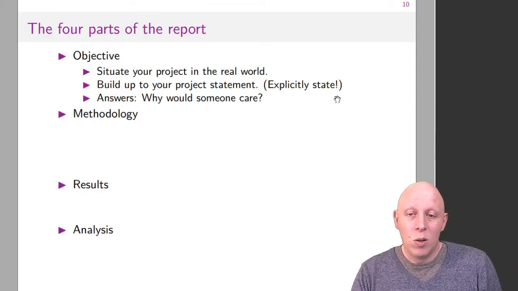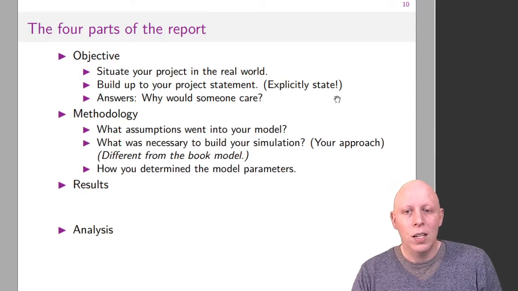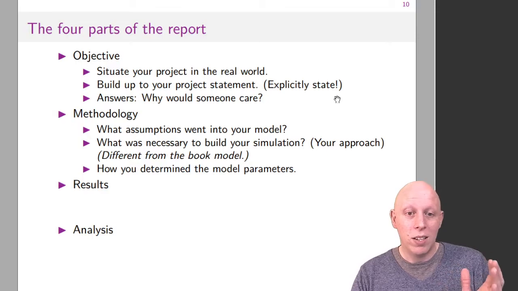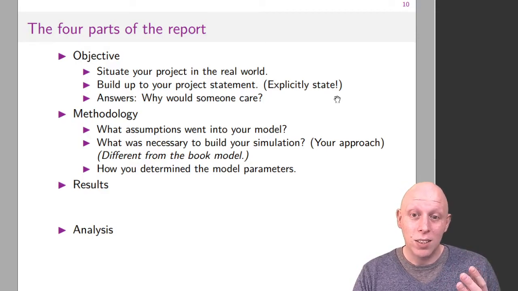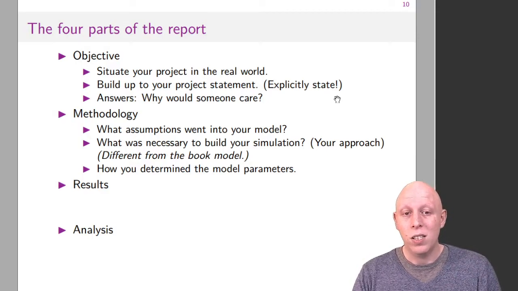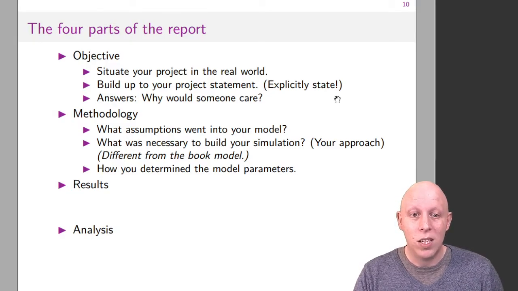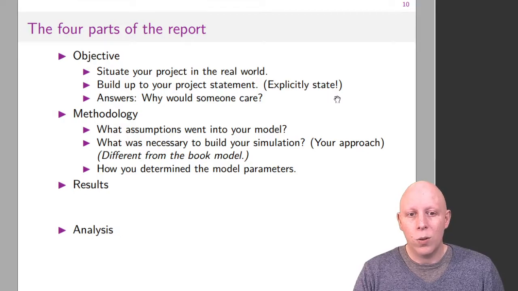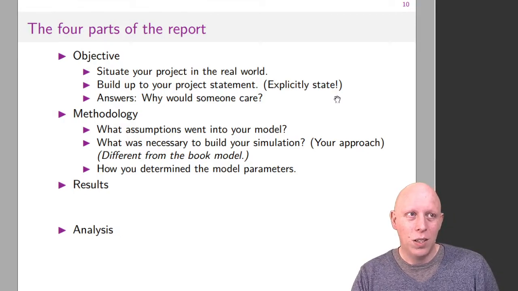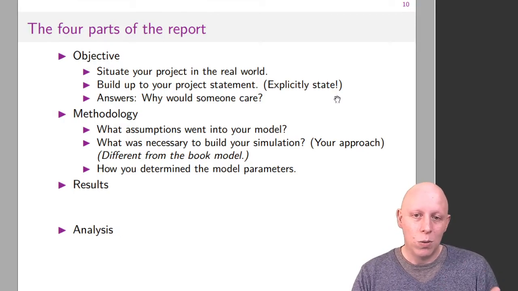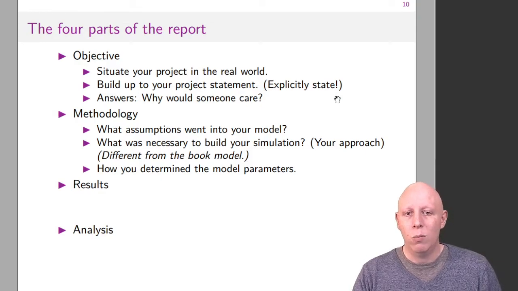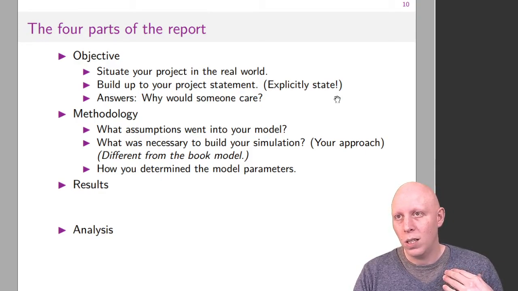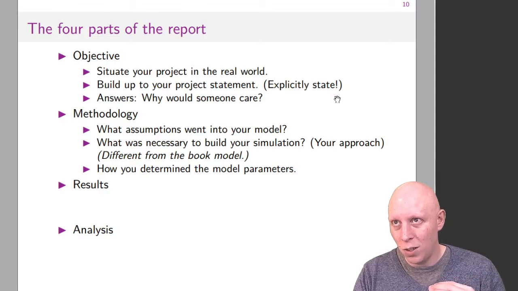All right, so once the reader knows what your project is about and why they should care about it, then you need to talk about how you approached answering that question. So your methodology is you're going to create a simulation to try to simulate the situation to answer the question that you cared about. So now you need to talk about the decisions that you as a mathematical modeler put into your model.